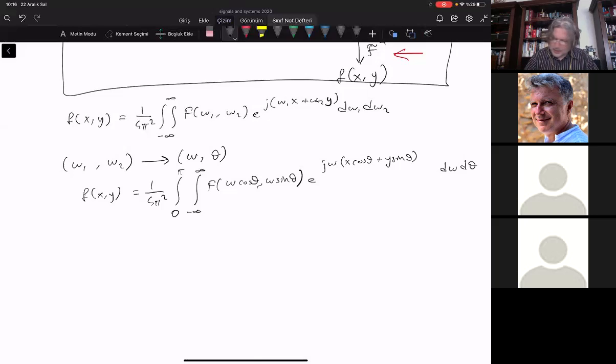And that Jacobian is the absolute value of omega. So the relation between d omega 1 d omega 2 and d omega d theta comes together with the magnitude of omega. That Jacobian you may remember from calculus.